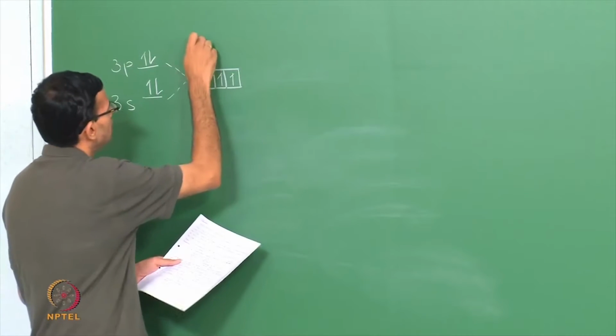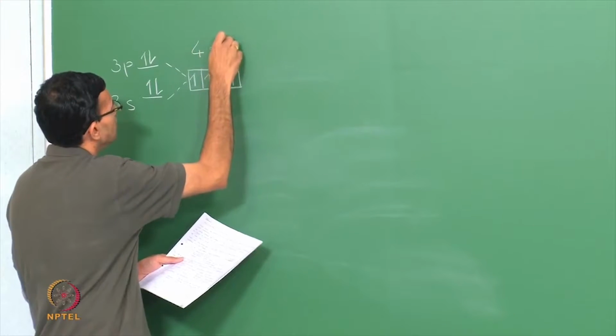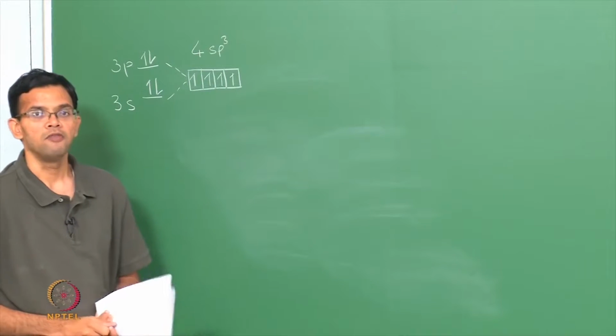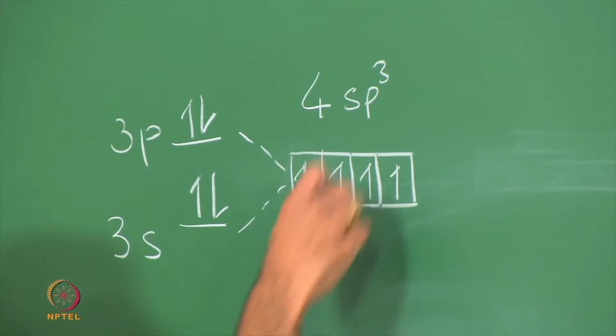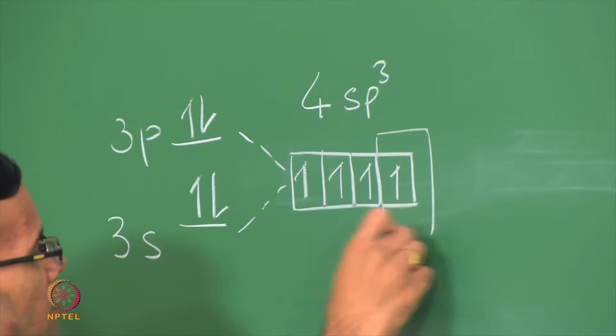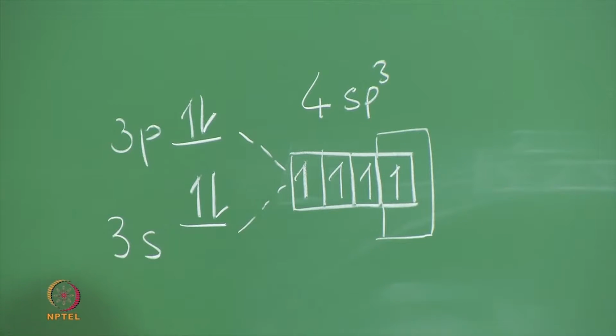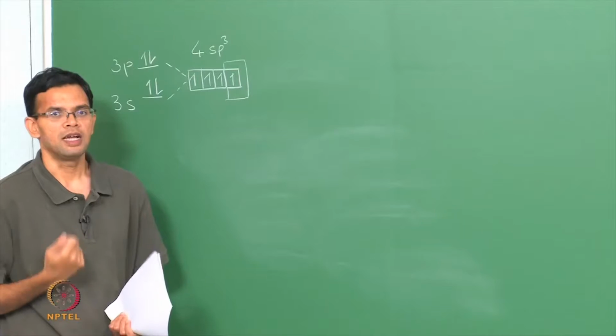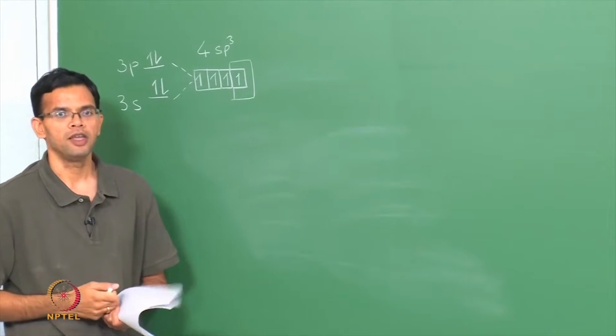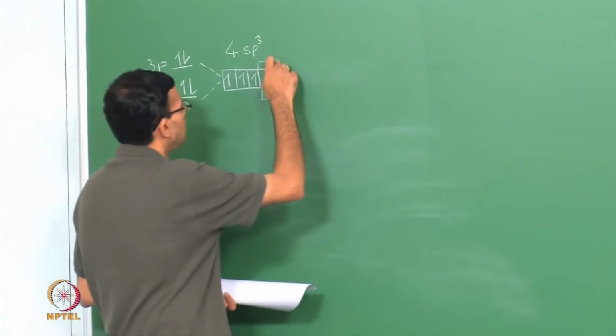So you have 4 sp3 hybrid orbitals and each of them is involved in a bond. We will consider one of these sp3 hybrid orbitals. This can bond with another orbital to give you a bonding and an anti-bonding orbital.